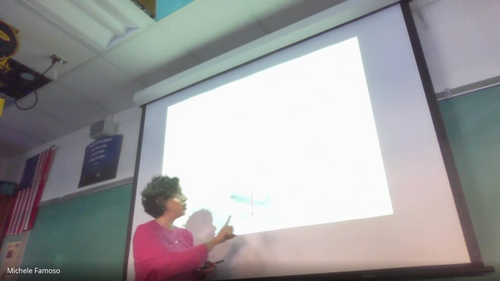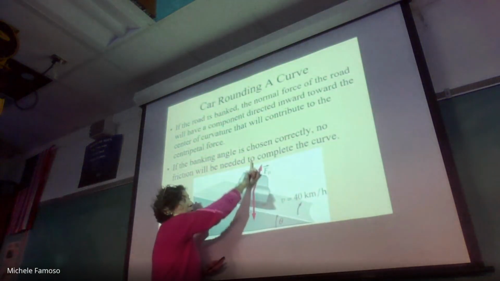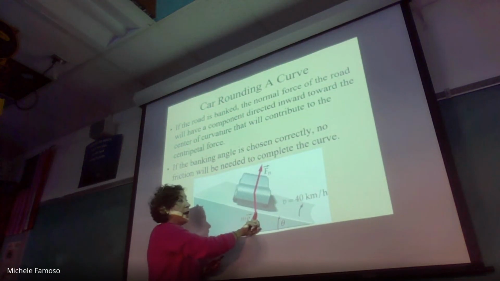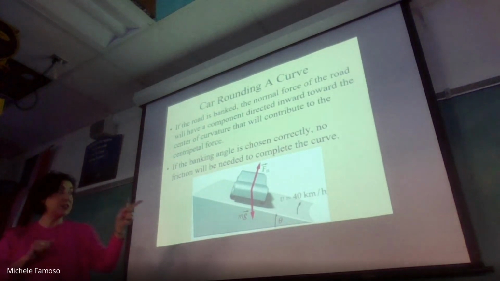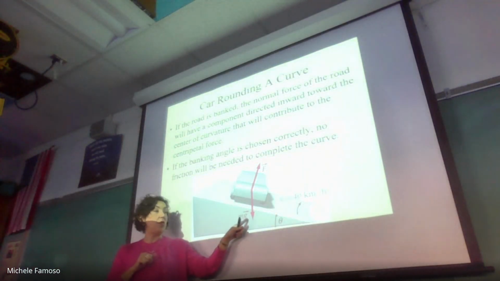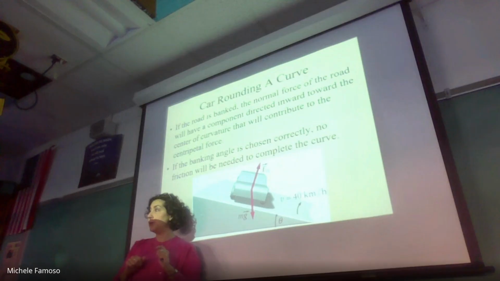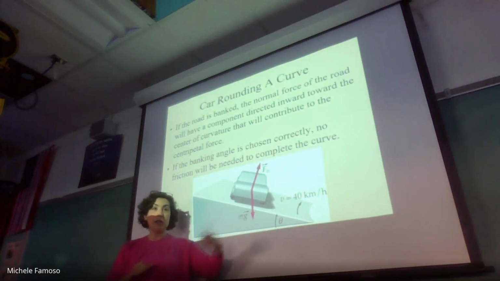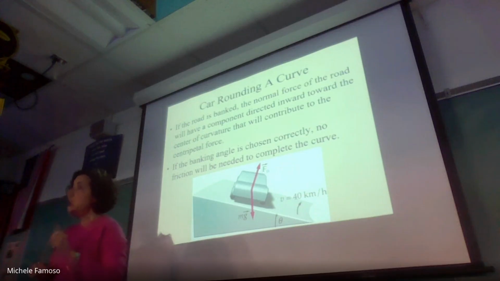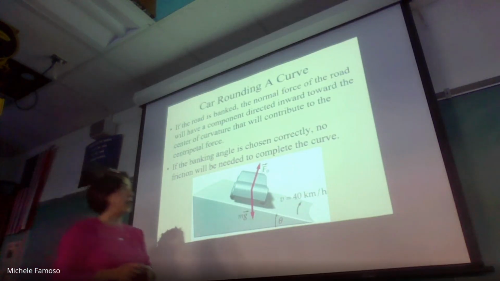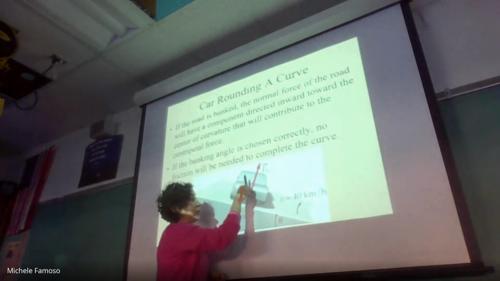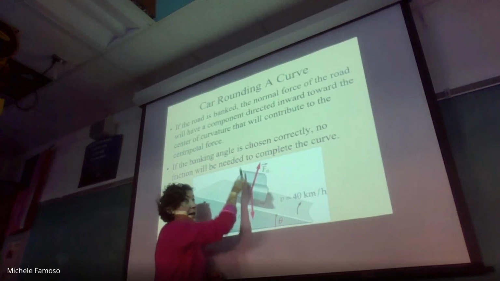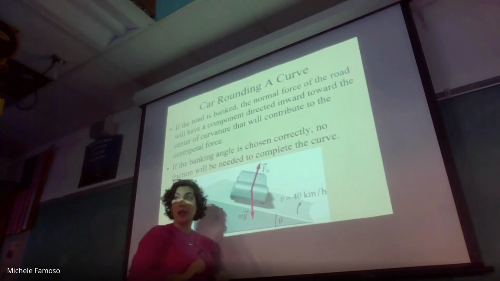So what we want to do is have one axis perpendicular to that centripetal direction and another parallel to the centripetal direction. So this one, you would not resolve the weight into parallel and perpendicular components. I know you see an inclined surface, but that's not what you do. You have to look at the direction of the acceleration. It's accelerating inward, which means we need one axis up and down and another one horizontal.